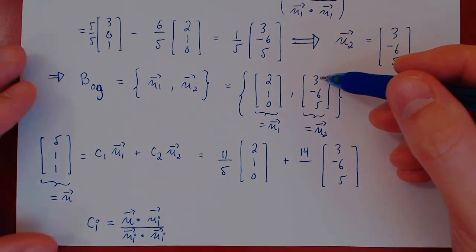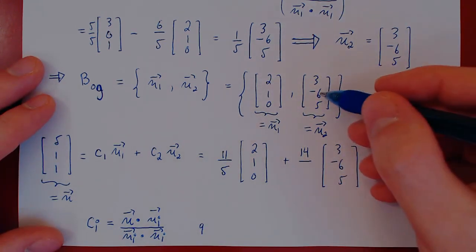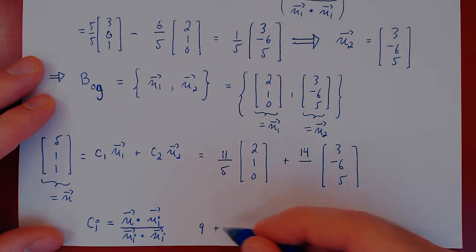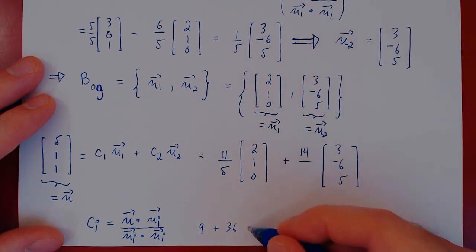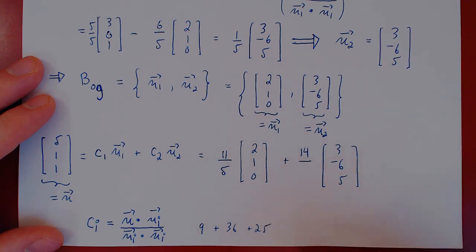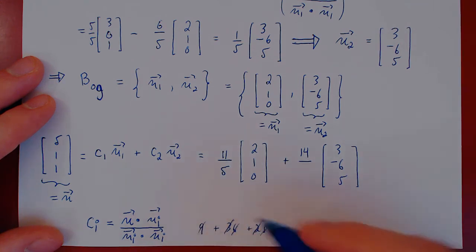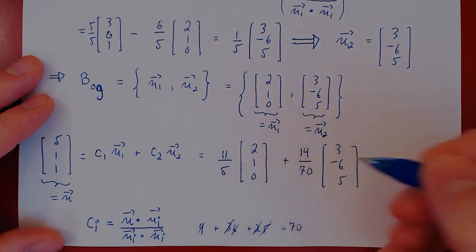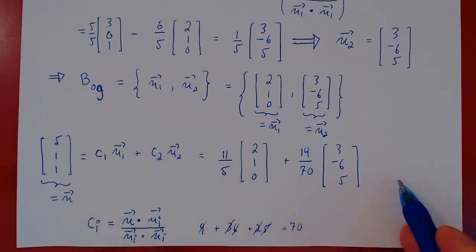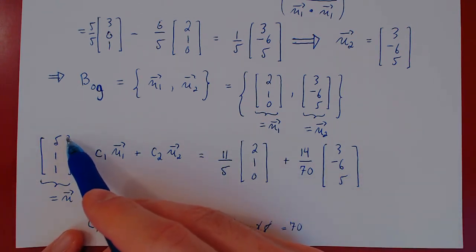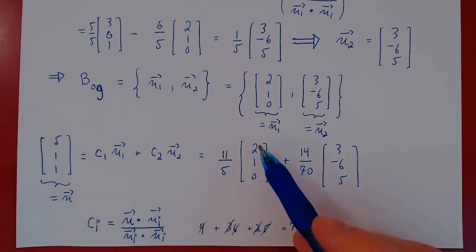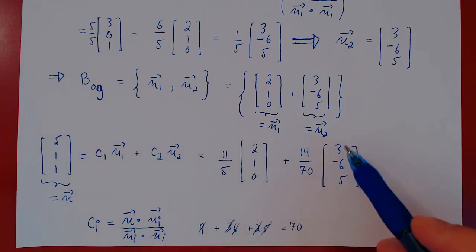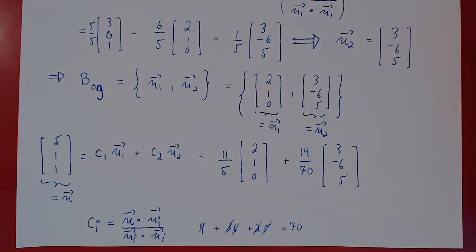So 3 times 3 gives you 9, plus 6 squared gives you 36, plus 5 squared gives you 25. If you add those up, you get 70. And you have your linear combination. The vector (5, 1, 1) is 11 over 5 u1 plus 14 over 70 u2.